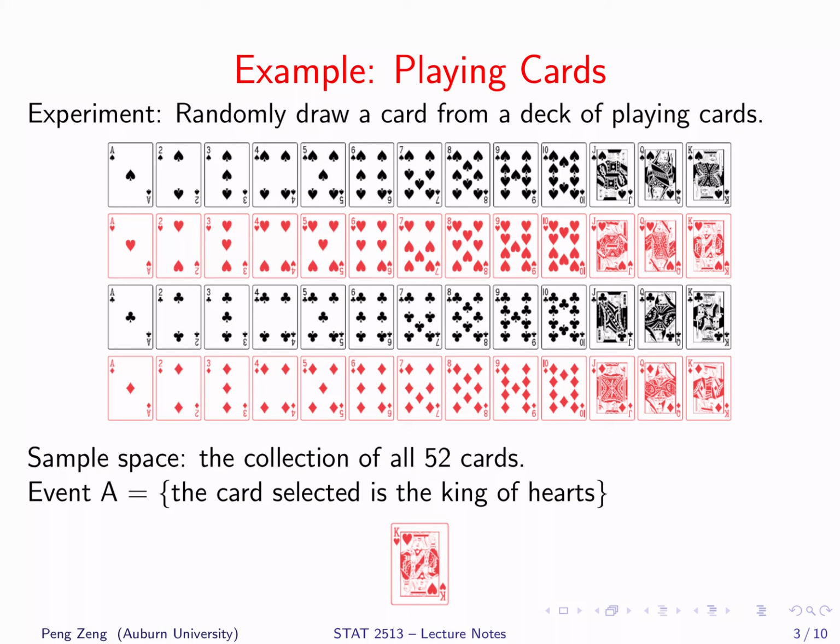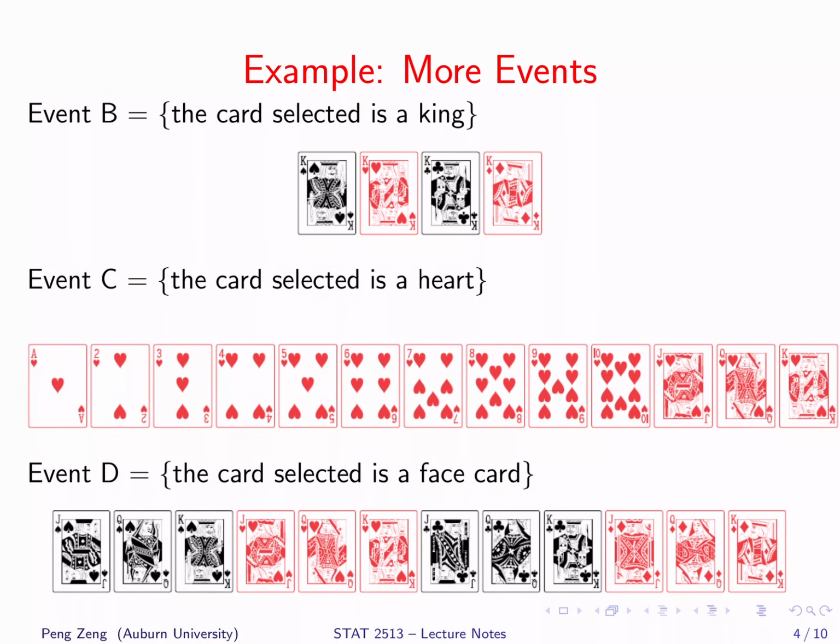Now consider some events. Event A means that the card selected is the king of hearts. Clearly, this event includes only one element, which is the king of hearts. Event B means that the card selected is a king.